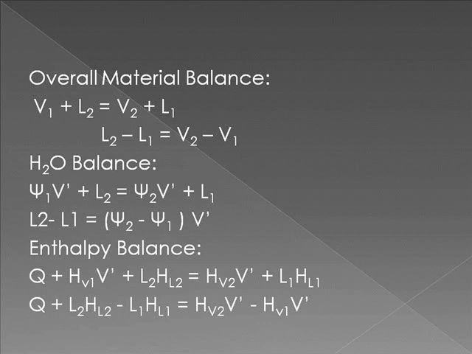On the other side, the air comes in, we have V prime as the mass flow rate of dry air and HV as the enthalpy and Psi as the humidity. Leaving at the top, we have V prime, which is constant, and HV plus DHV and Psi plus D Psi.